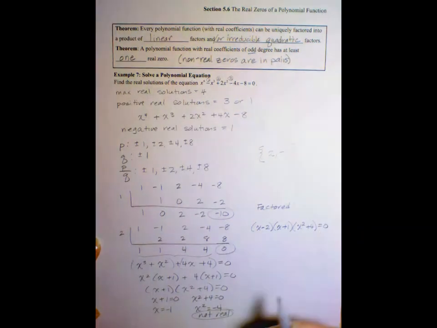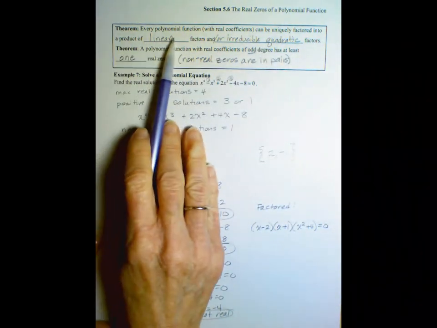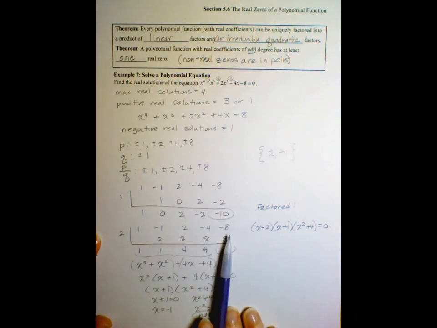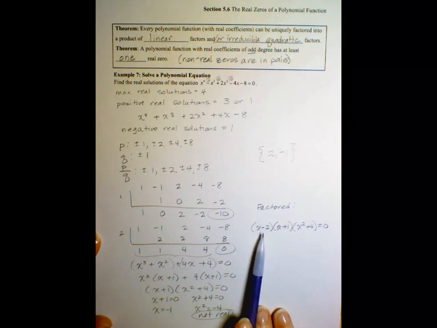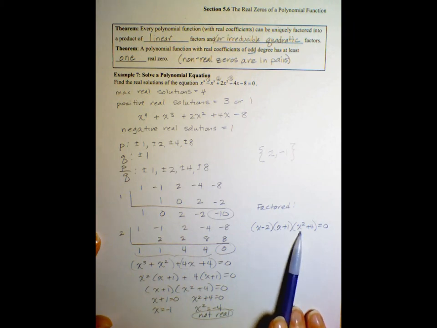It's irreducible because when I try to reduce it, I get non-reals. So this shows our theorem here that every polynomial function with real coefficients can be uniquely factored. These are the unique factors of it into a product of linear and, this is an and situation, irreducible quadratic factors.